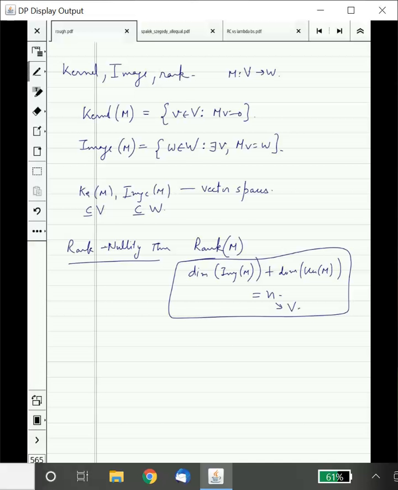You are welcome to look at that. Another important theorem is column rank equal to row rank equal to rank.